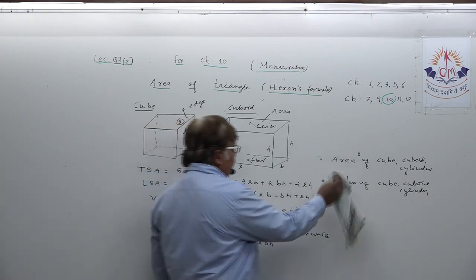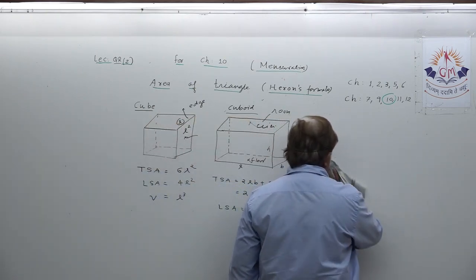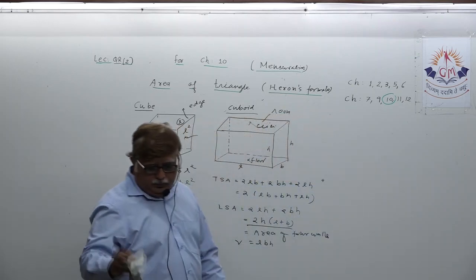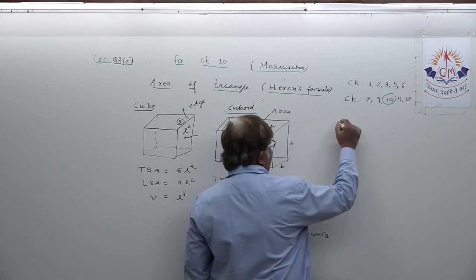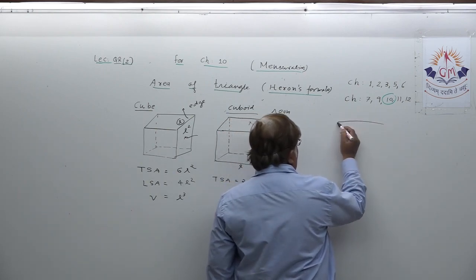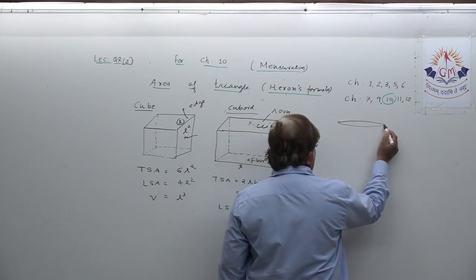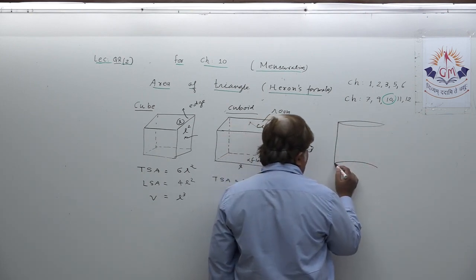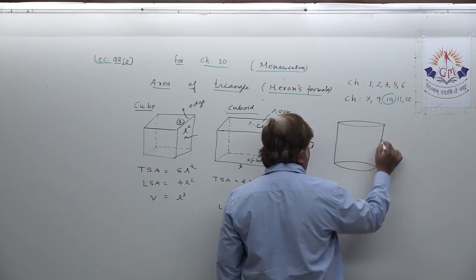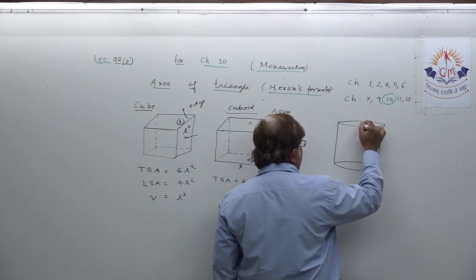Okay, suppose you target cylinder now. So suppose I draw cylinder shape. So like in cube you are given H, like in cuboid you are given L, B and H, so in cylinder you will be given two parameters.